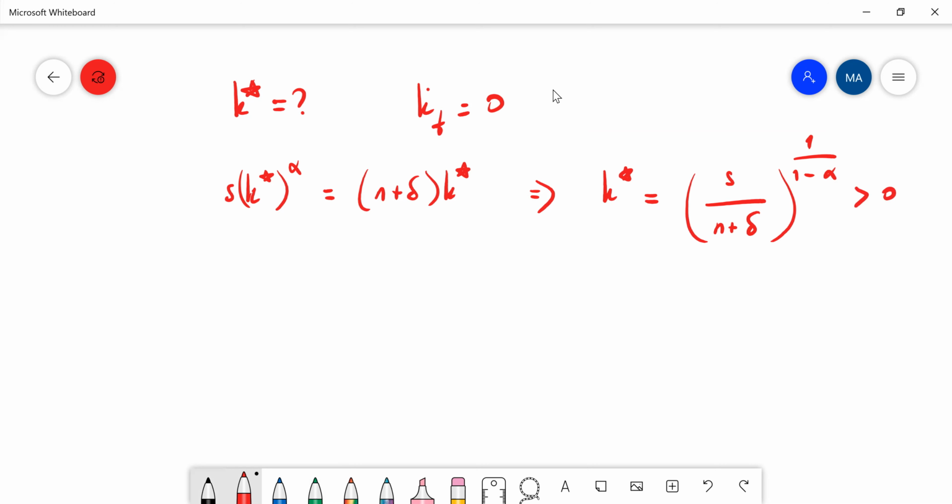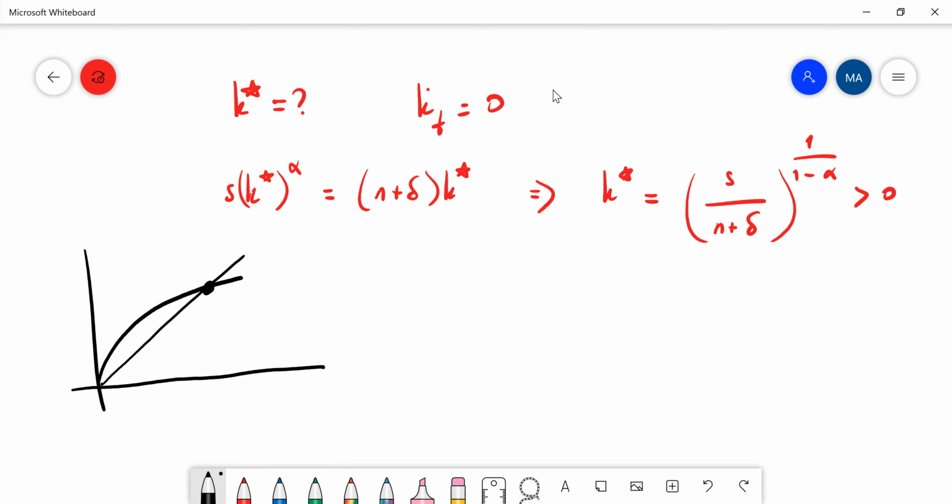So once again, you have the steady state here, which is k star greater than 0, and there is a trivial steady state here, and we are not interested in that trivial steady state. For some problems, especially in economic history, that could be interesting, but for now we are trying to understand growth.